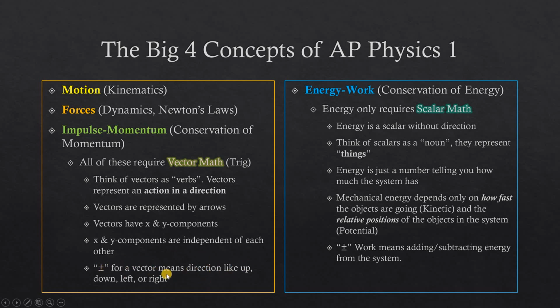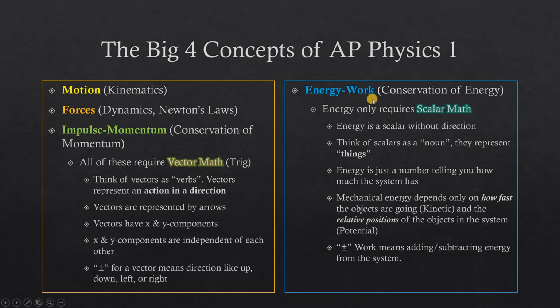So the plus and minus means direction. So in the y direction, plus might mean up. Or in the x direction, plus might mean to the right and negative to the left. Okay? So we're going to have to use geometry and trig to separate our vectors into components. This is true for motion, forces, and impulse and momentum.